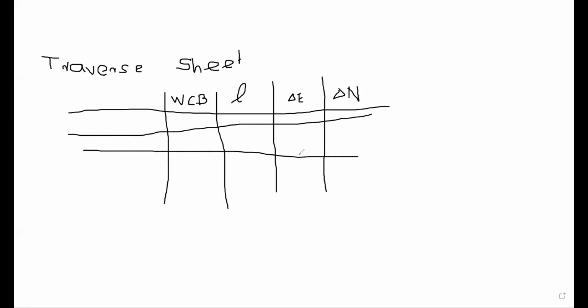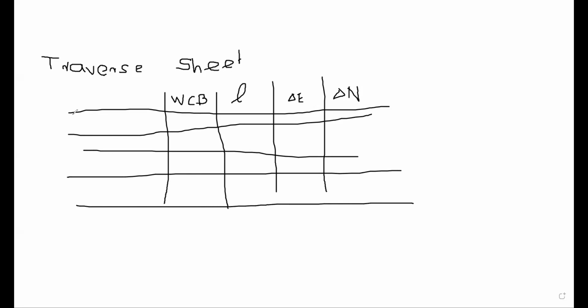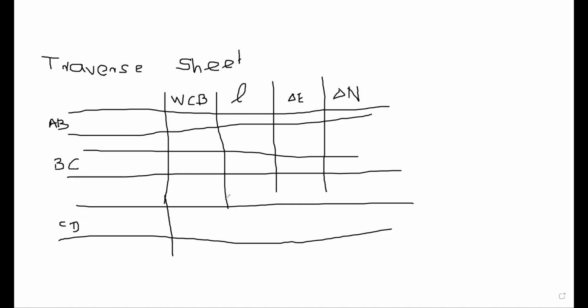In each row, we have the lines coming in row by row. Let's say AB, then BC, CD, etc. The rows of the lines. Up to now, what you have is the length as row data for each one.